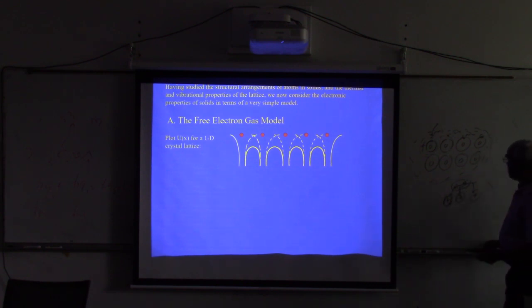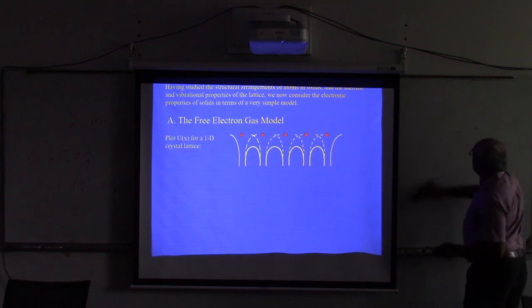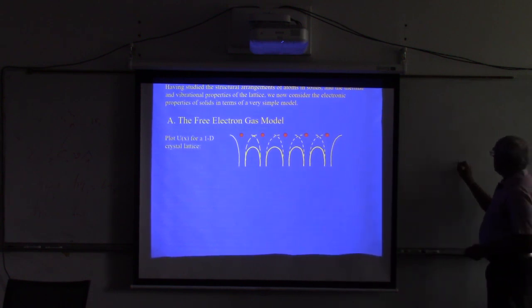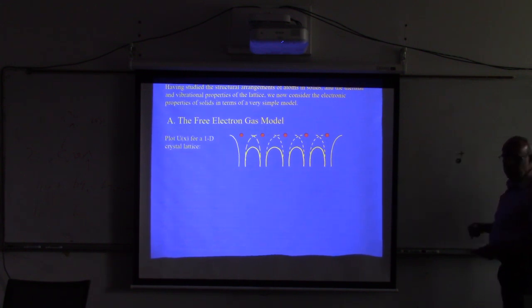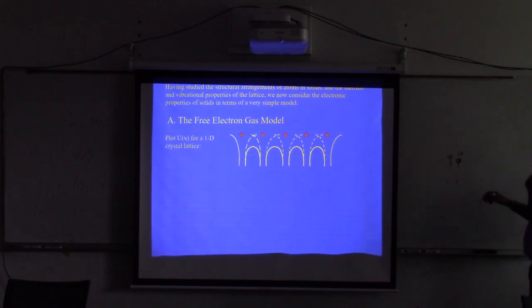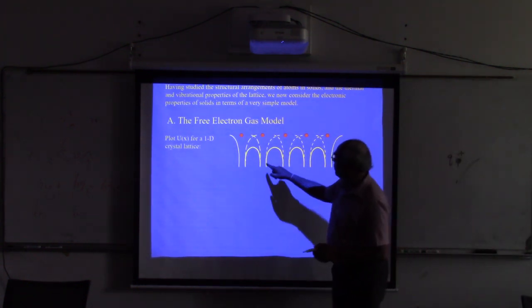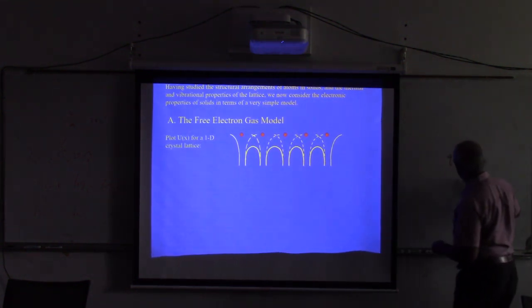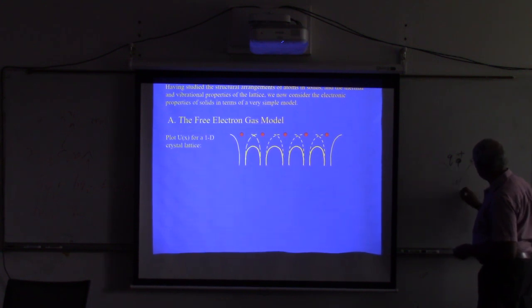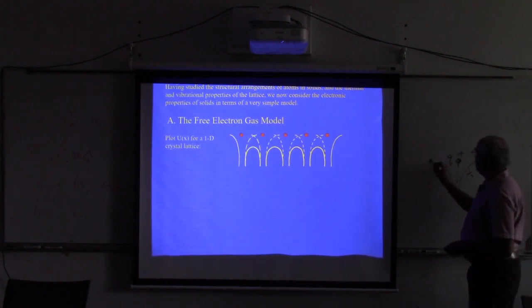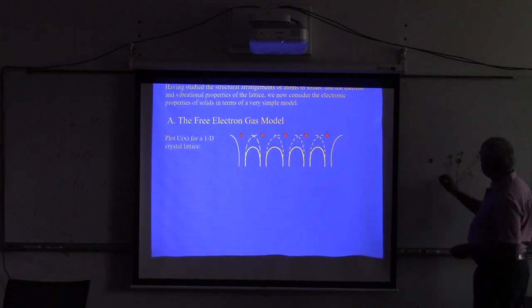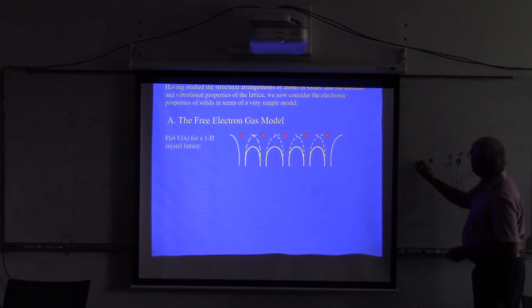If you take a particular ion here with a charge Q, what is the potential for this one? We know it goes like 1 over R. If you take from the center, it goes to infinity like 1 over R, and this side also goes like 1 over R. The next ion also goes like 1 over R from its center.